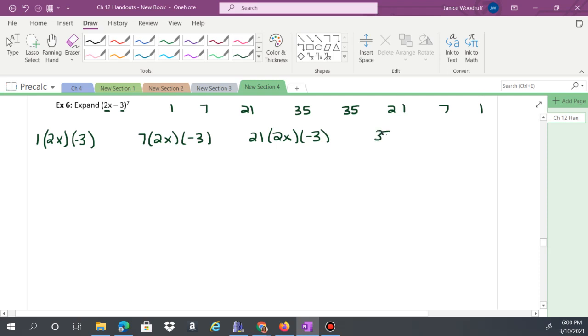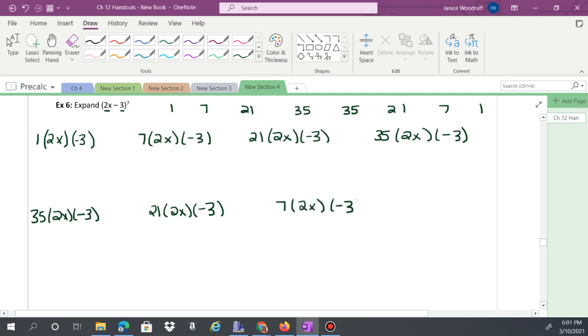Then 35, and 2x, -3, 35, then 2x, -3 again, then 21, 2x, -3, then 7, 2x, -3, and then finally 1, 2x, -3.